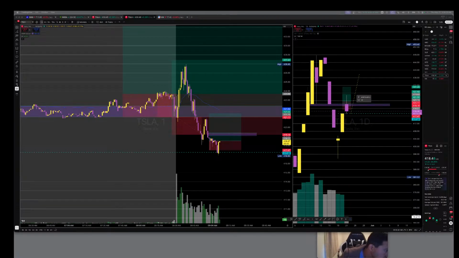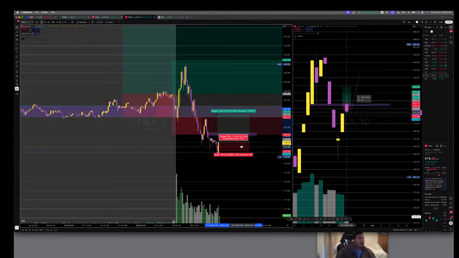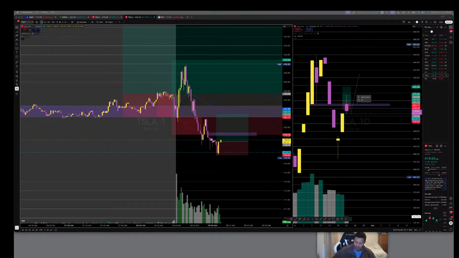Oh, strong green candle. Come on, keep it up. We waited for you. $4.15 call.